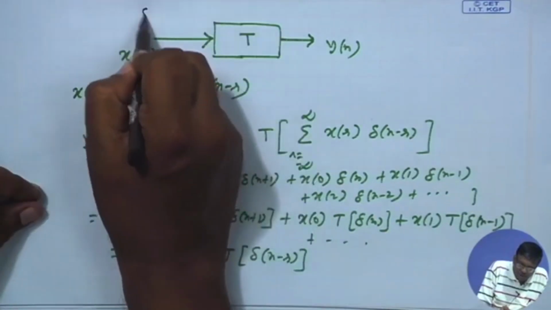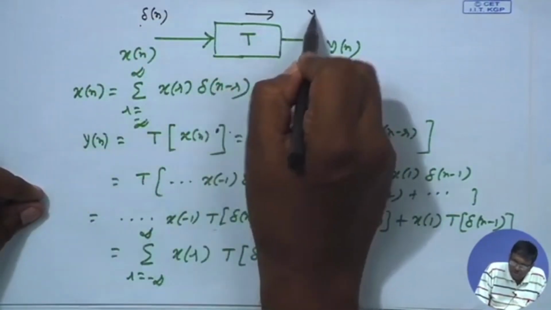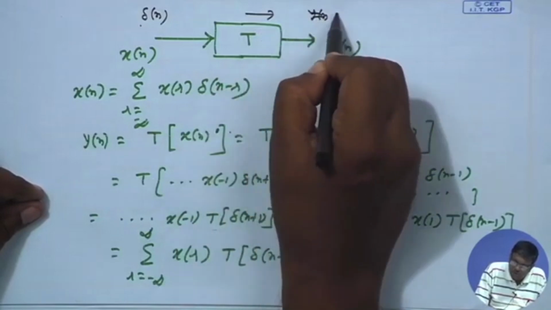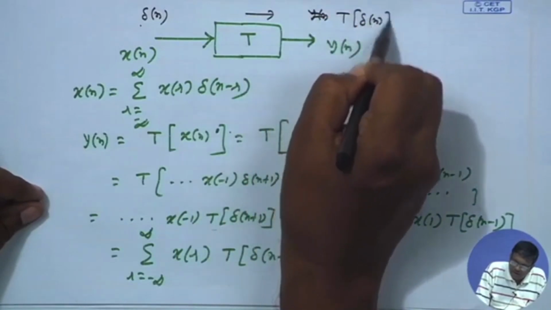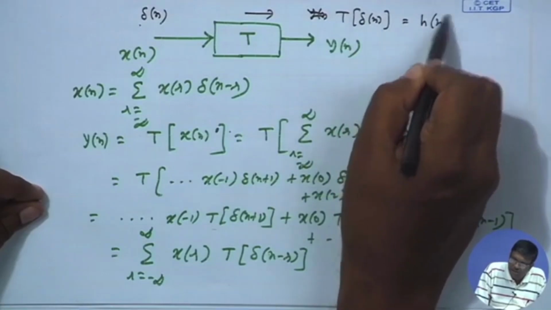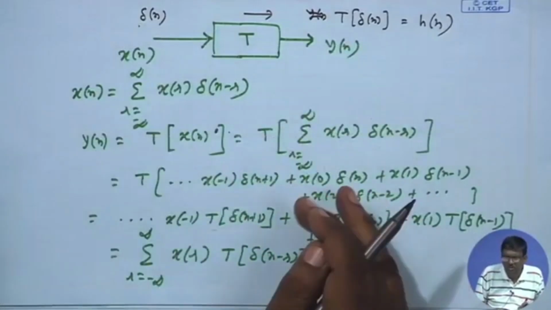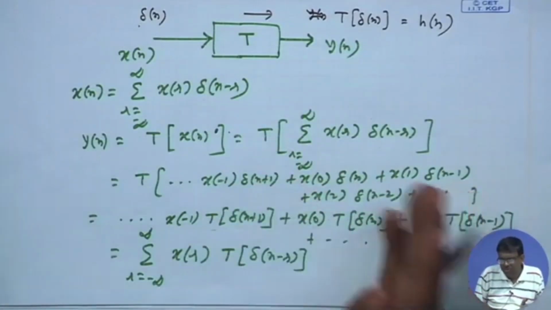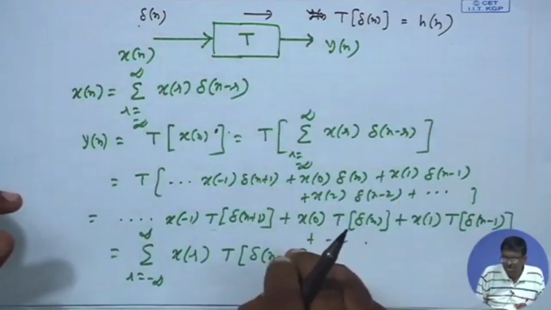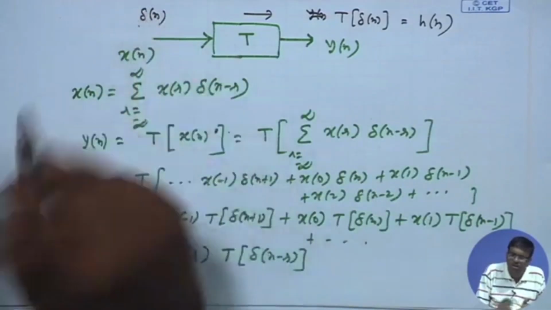if you give delta n here and record the corresponding output, T of delta n, call it h n, the unit sample response. By loose usage we sometimes call it impulse response, but actually it is unit sample response, because this symbol looks very much like the impulse function of analog.